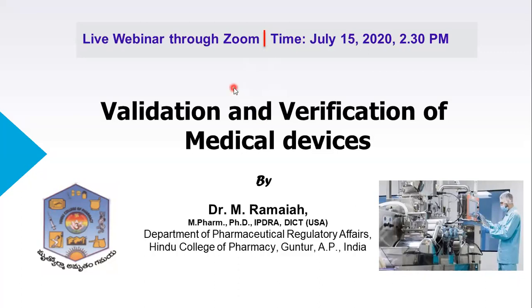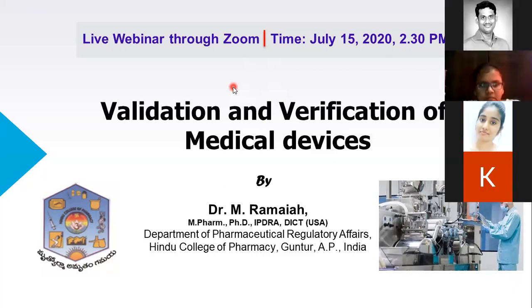So we move on to the next topic of Unit 2. After completion of ISO 14971, that is the risk management of medical devices, the next concept is validation and verification of medical devices.